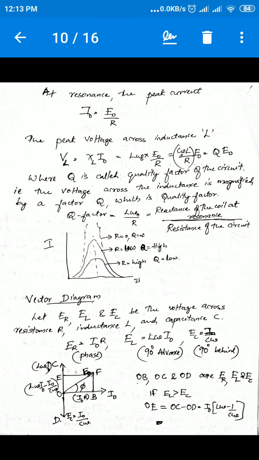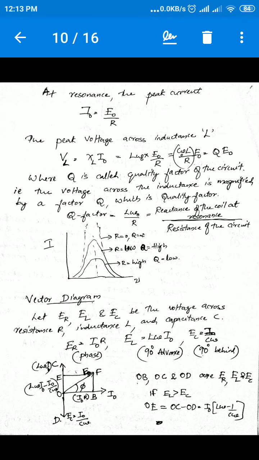It is leading the applied voltage by 90 degrees, which is the voltage across the inductance, that is L omega I0, which is OC. And now OD represents the voltage across the capacitor, which is EC, and that is equal to I0 by C omega.